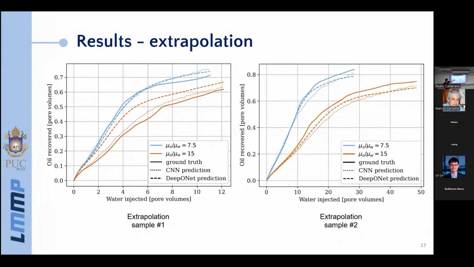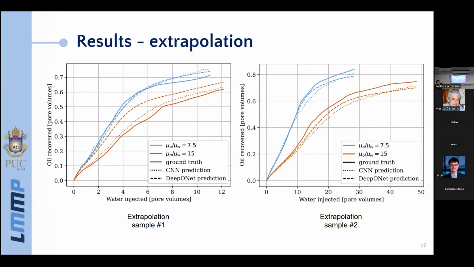So I consider the prediction for the viscosity ratios of 7.5 and 15 to see if the prediction is good enough. And surprisingly, the error was in the same order of magnitude as the predictions for 5, 10, and 20. So the performance for those cases was good.